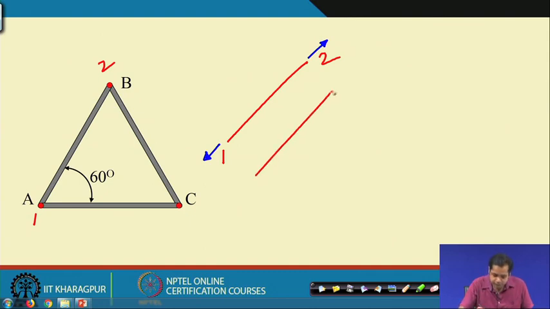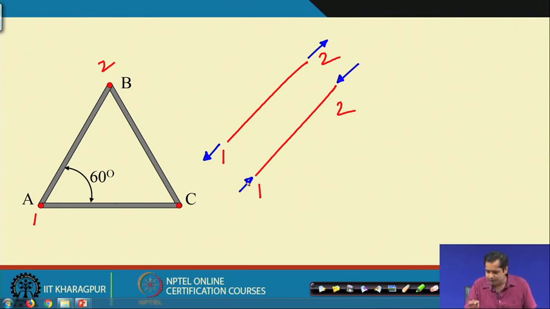If we take this as 1 and this as 2, the forces would be either compression or tension. Irrespective of whether the force is compression or tension, the force is always along the axial direction of the truss, right.